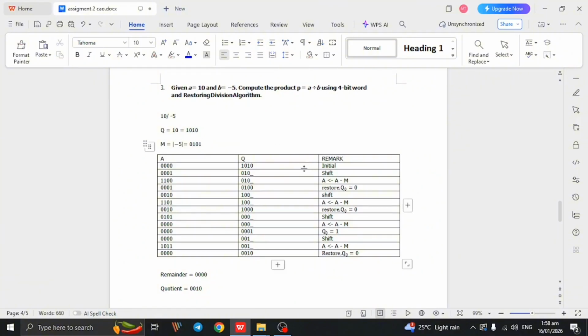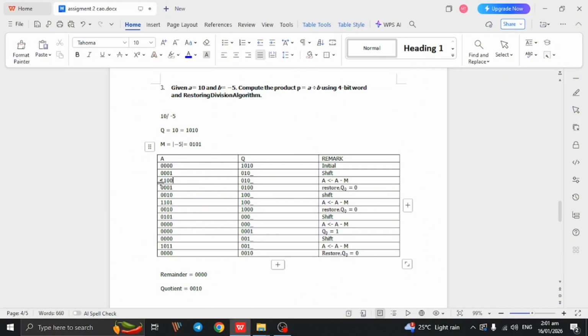So first we shift to the left, so it becomes 001010, and then this is unknown. After that we subtract a minus m, so 001 minus 0100 becomes 1100.